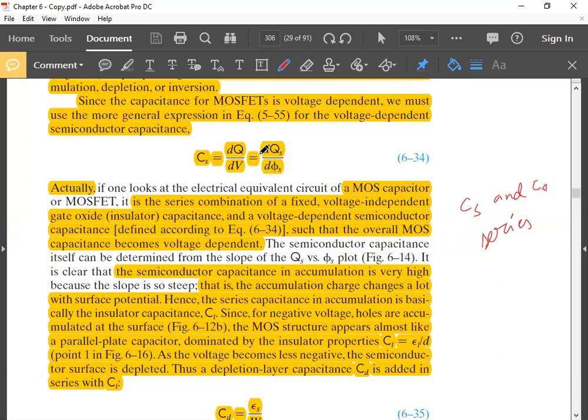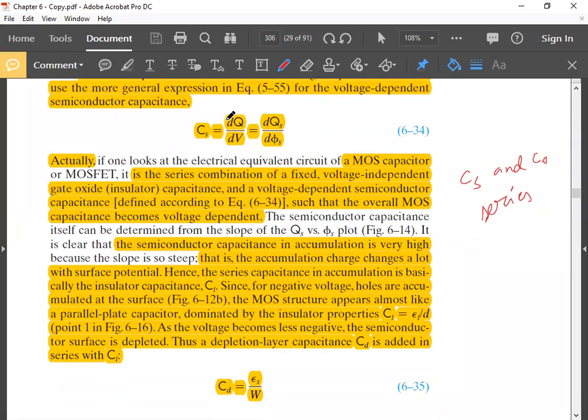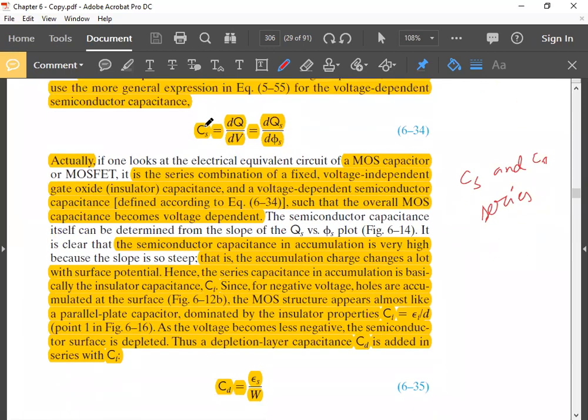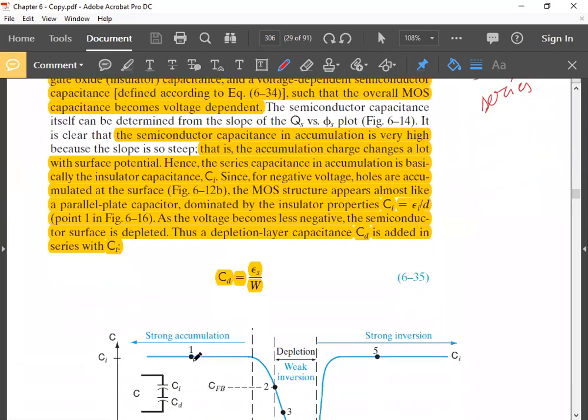So these majority carriers can respond fast, they can move very fast in response to the change of voltage, which is why this dQs by d phi s is large in the accumulation region. That means Cs is large. So Cs and Ci, Ci is the insulator capacitance. Remember, all the capacitances are expressed per unit area.